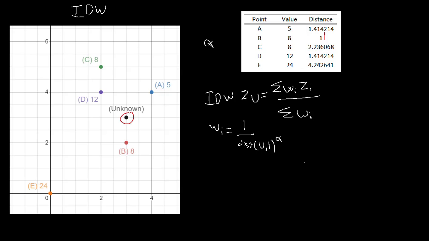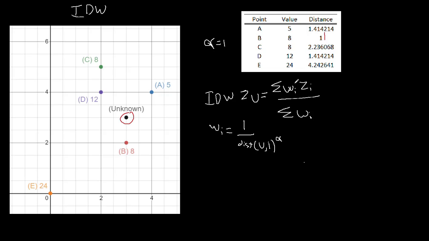Actually, that's a good point. I'm going to do alpha equals 1 in this example, which is one of the standard values. So let's calculate this top part here, this Wi times Zi for A, and then I'll give you the values for B through E, and then we can do the summation.